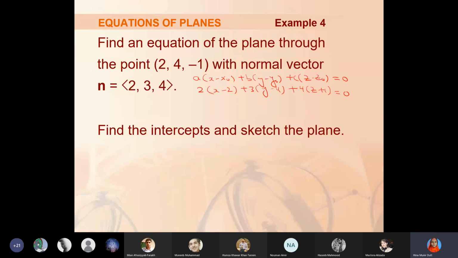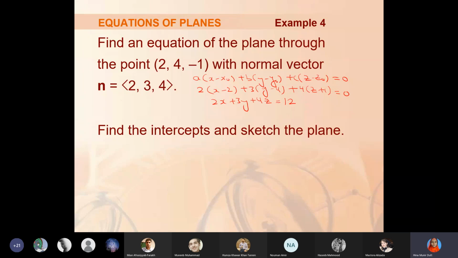Simplifying it, I get 2x plus 3y plus 4z is equal to 4 plus 12 minus 4, which is 12. So this is the simplified equation of the plane with the given condition.